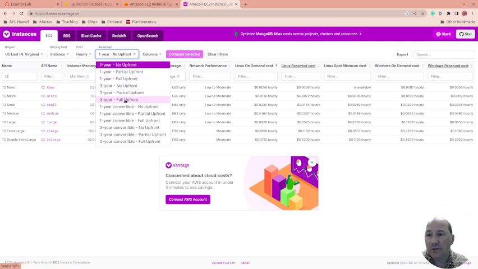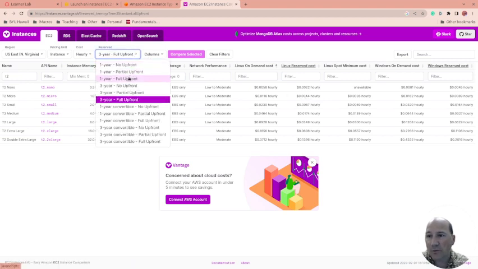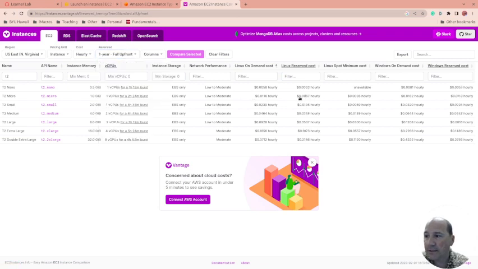What if we change it to 3 years full upfront? So this we just pay for all of it right up front. So the T2 micro, it now goes down to half a cent to reserve it, versus if you reserve it for the year. So there is a cost difference. So you can see you can save money if you're willing to pay for it up front.